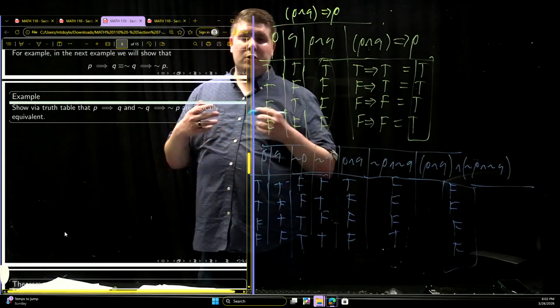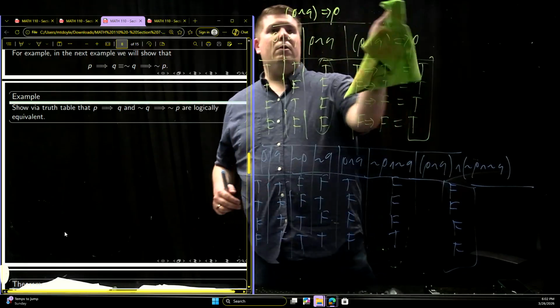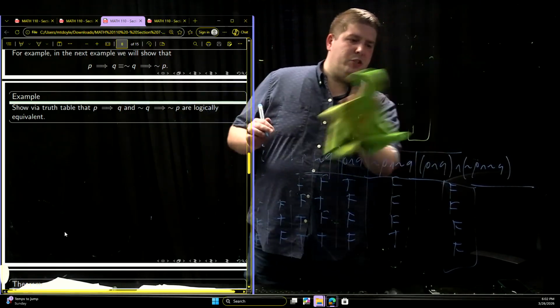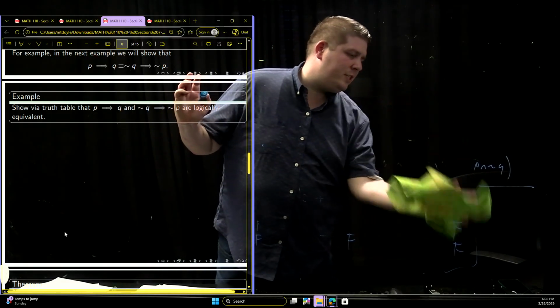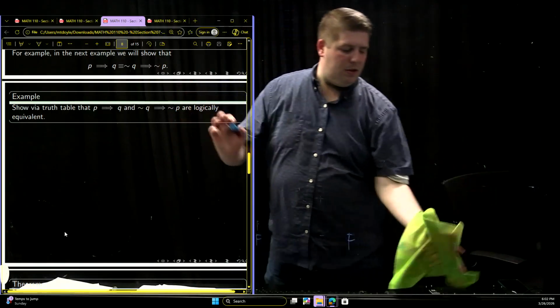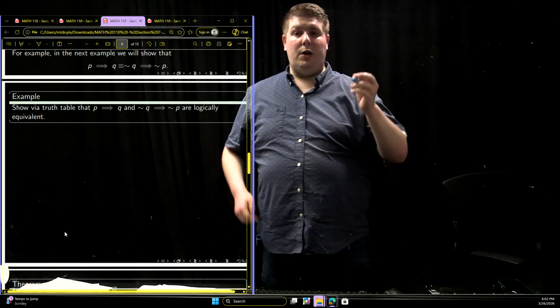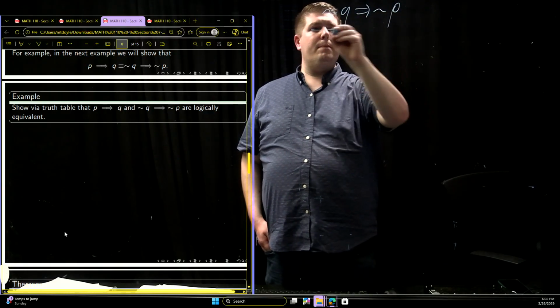But now let's look at not Q implies not P. Let me erase this so we can show that. We already see what P implies Q is, so I'm just going to do not Q implies not P.